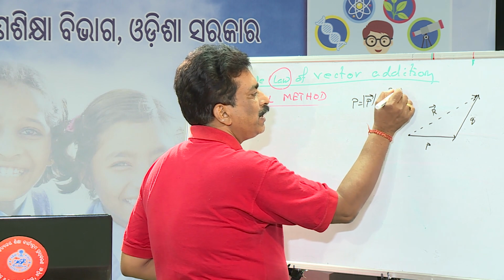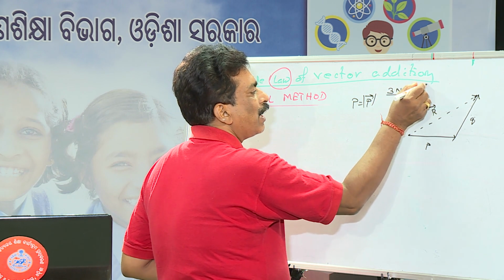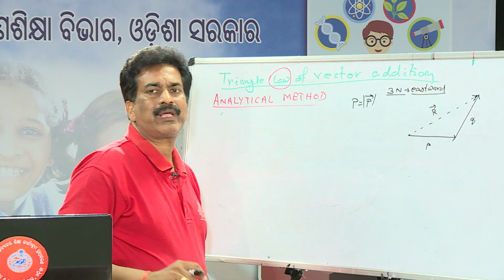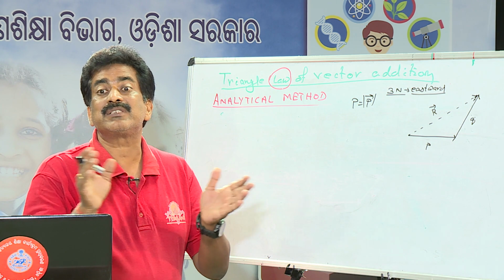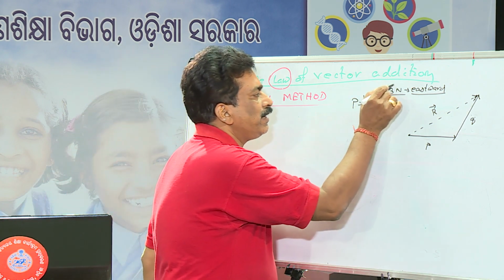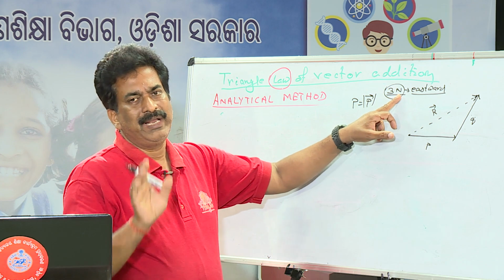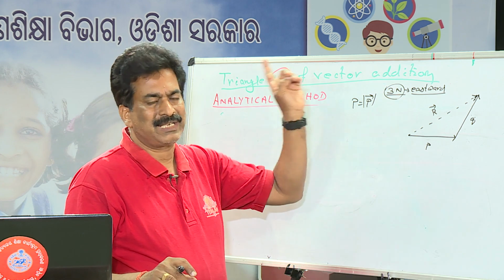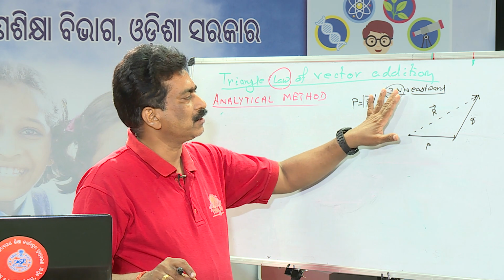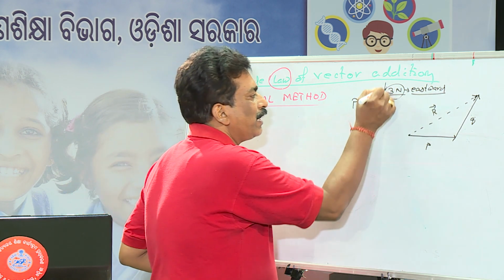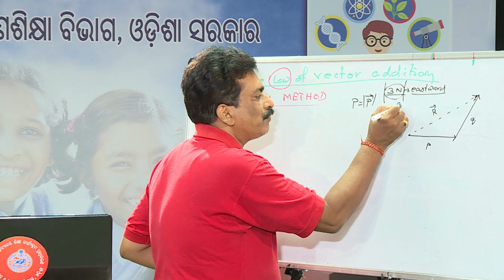If I say 3 Newton eastward, then that will be the vector, because eastward and westward give the direction and 3 Newton is the magnitude. If we only write 3 Newton, it will never be a vector, as I discussed earlier. So, 3 Newton eastward is a vector, and its magnitude is 3.